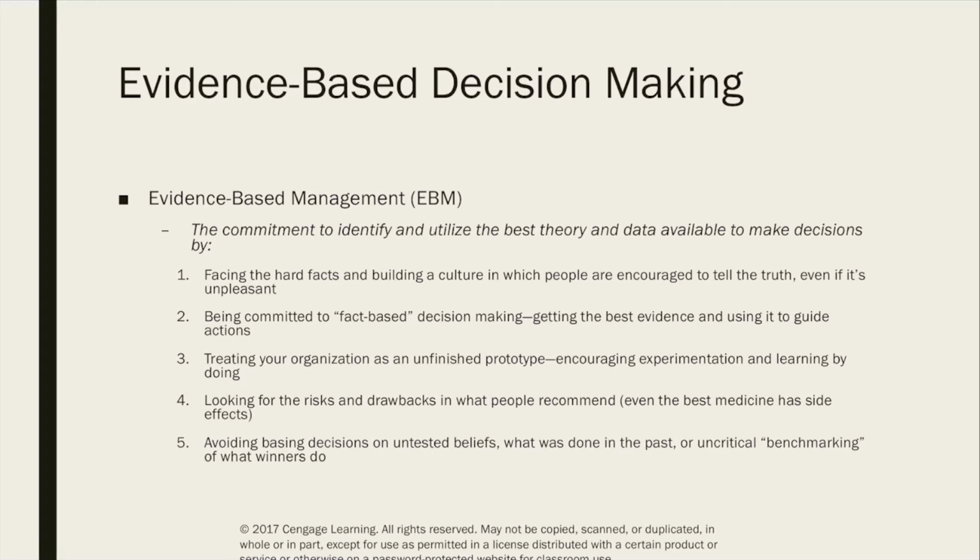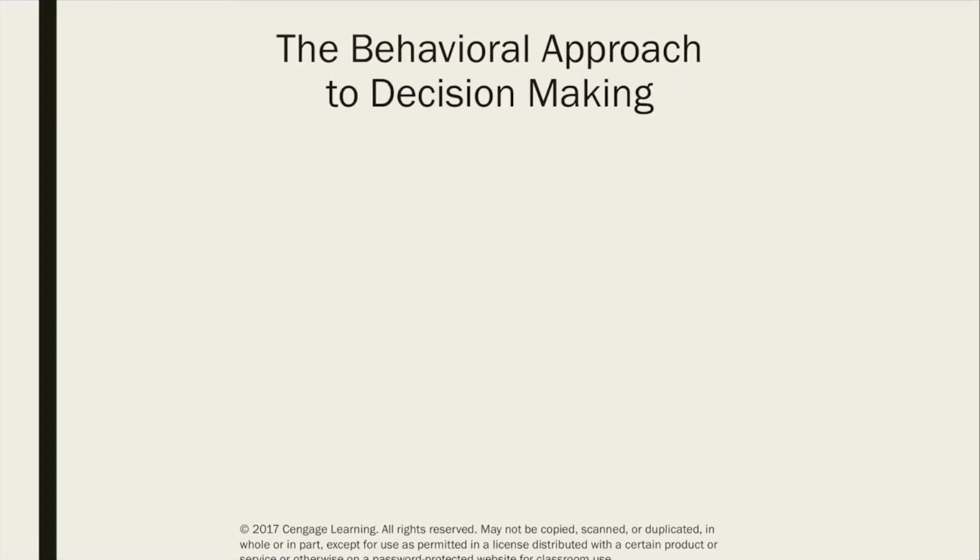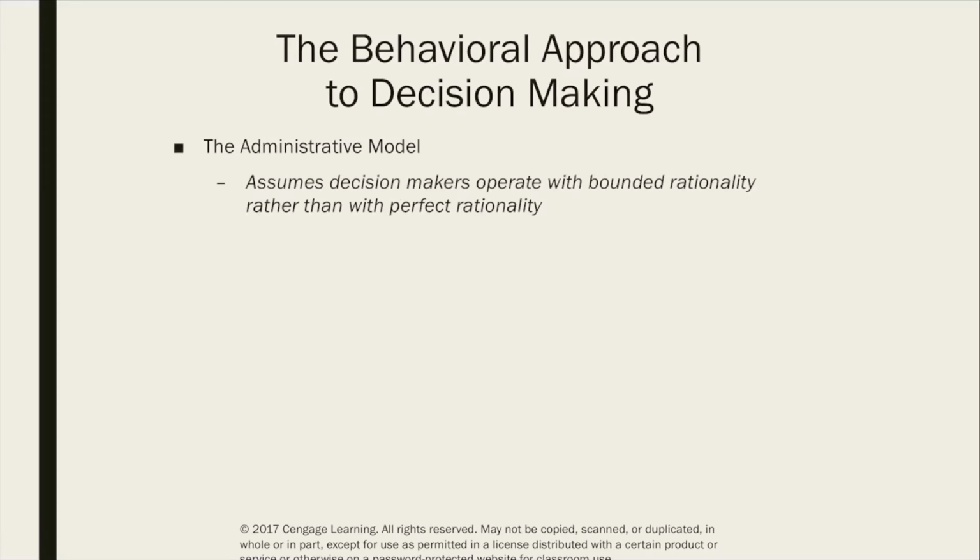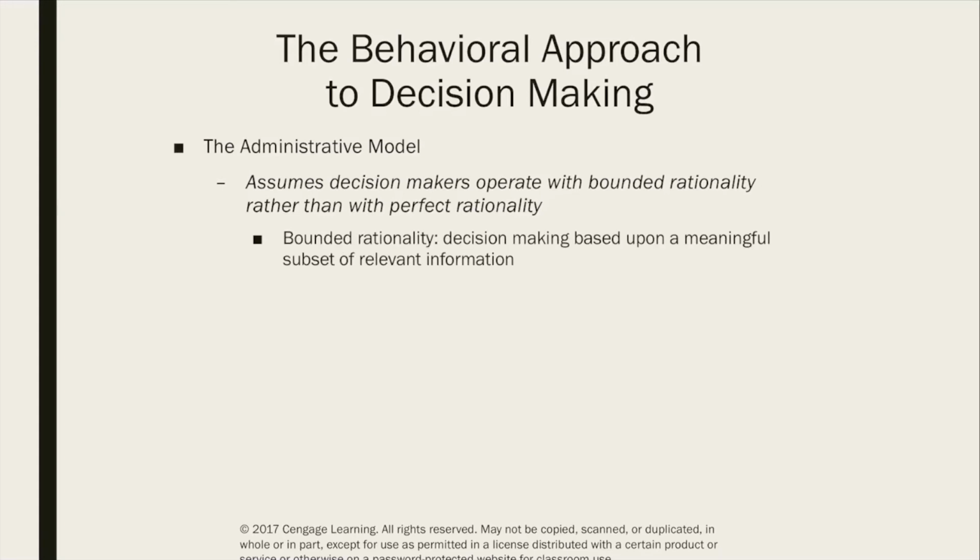So just being able to look at what facts you can accumulate can help you in evidence-based decision making. Now, there's the behavioral approach, and here we have the administrative model, and it assumes that decision makers operate within bounded rationality rather than with perfect rationality. In other words, life happens, and not everything is a textbook world where we can make decisions and so forth.